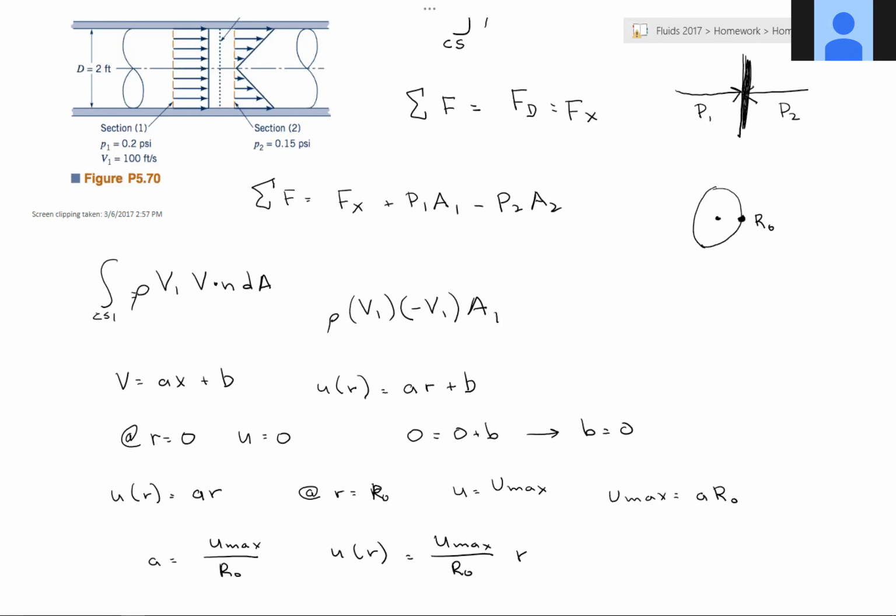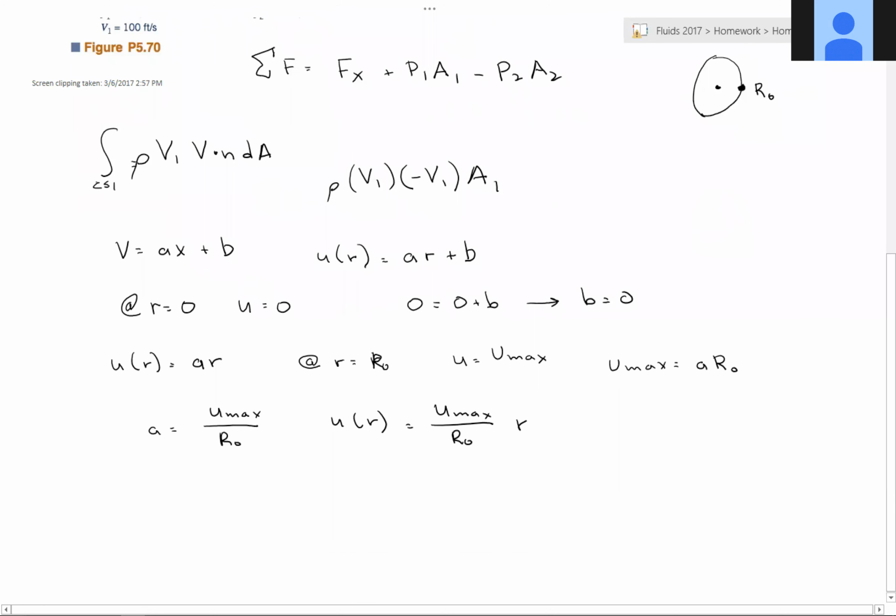Exactly. We're going to integrate. So how are we going to find U max? We're close. That's very close. It doesn't equal V1, but it is continuity. It's actually mass flow rate, but we can use continuity.